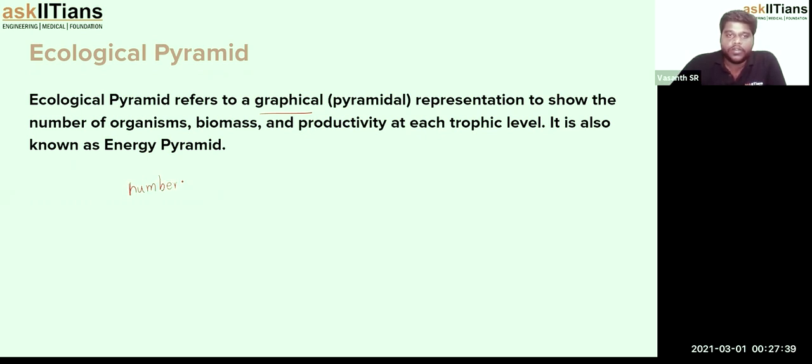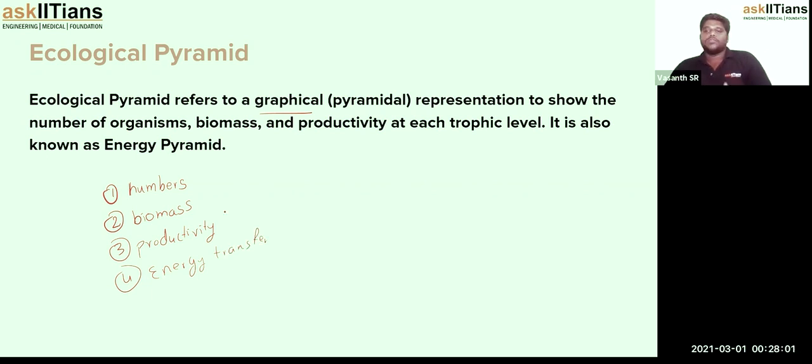The second one would be pyramid of biomass, and there could be pyramid of productivity, and it could be pyramid of energy as well, energy transfer. These are some of the ecological pyramids that we are going to learn in detail.